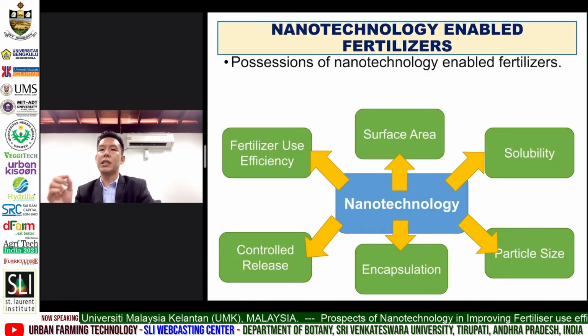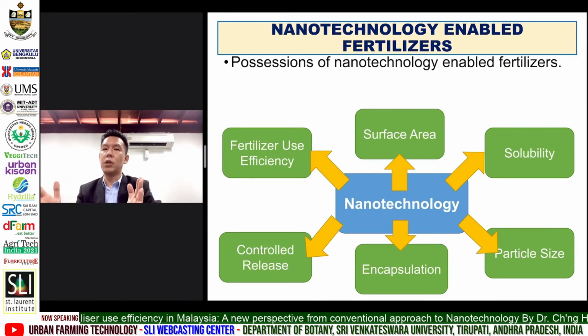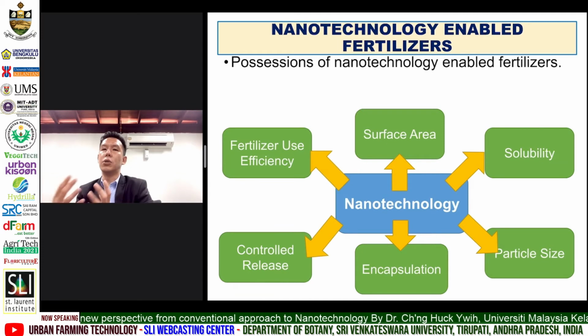So what makes nanotechnology-enabled fertilizer so special in improving the fertilizer use efficiency compared to other approaches? Well, from the perspective of surface area, nano-fertilizers possess a small particle size, which causes increased surface area. This increased surface area raises the nano-fertilizers' reactivity with other compounds and thereby increases the nutrient use efficiency and nutrient uptake.